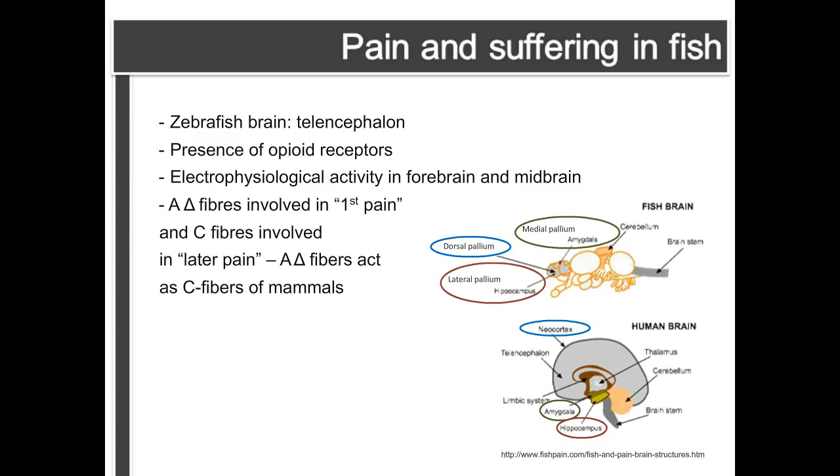The A delta fibers and C fibers that we can find in mammals, you can find also in the zebrafish and in fish in general. Although in mammals A delta fibers are in less number than the C fibers, and in the fish it is the contrary, it has been discovered that some A delta fibers act as C fibers of mammals.